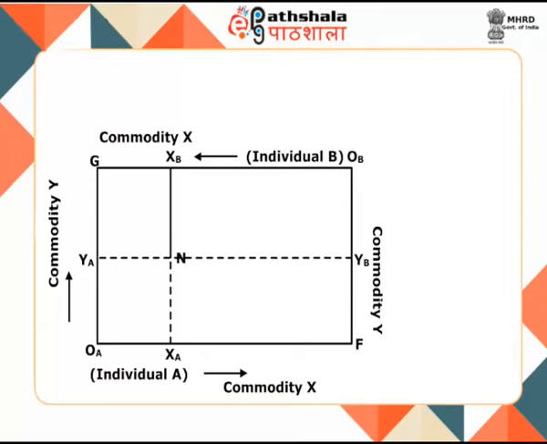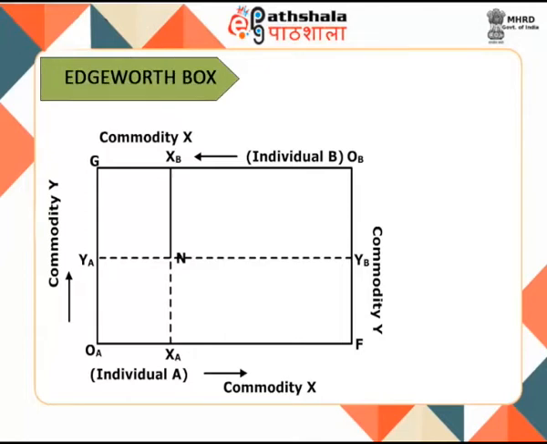Each point in the Edgeworth box diagram represents a feasible allocation in this simple economy. The total available amount of commodity X is OAF and of commodity Y is OAG. The available amounts OAF and OAG determine the dimensions of the box, which is given and fixed.